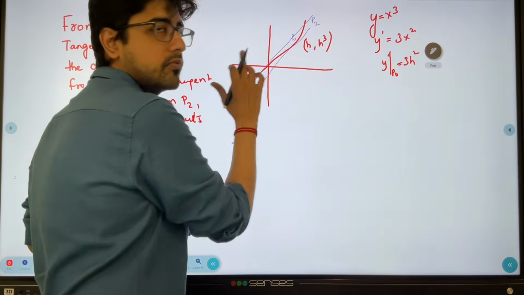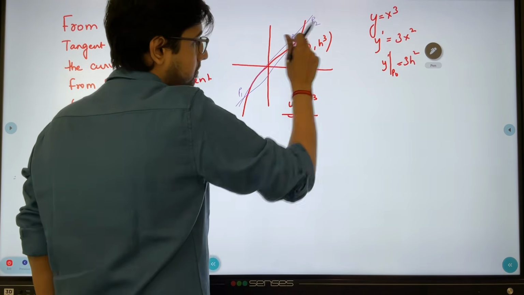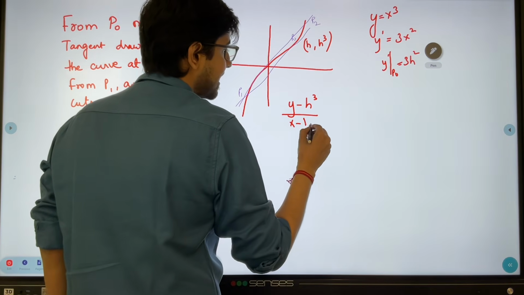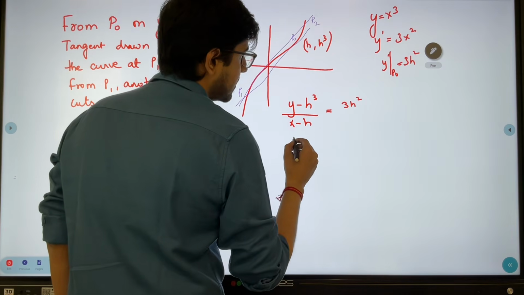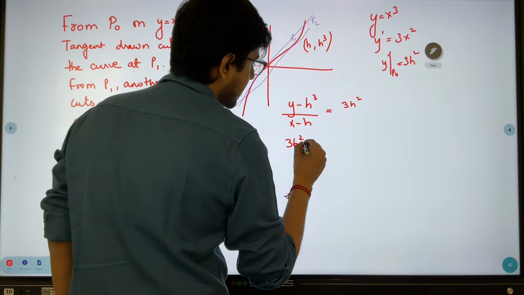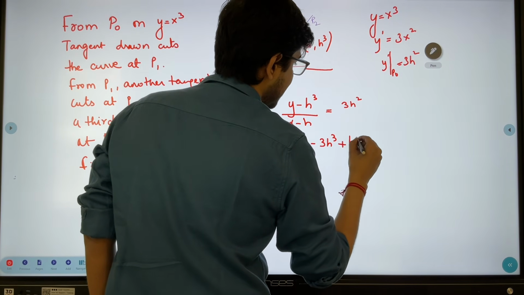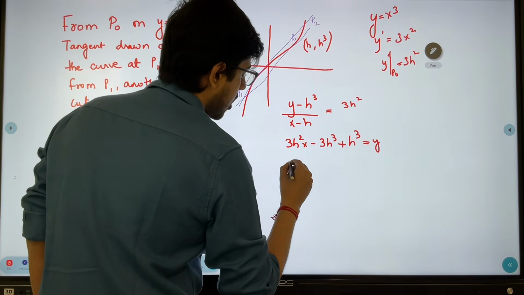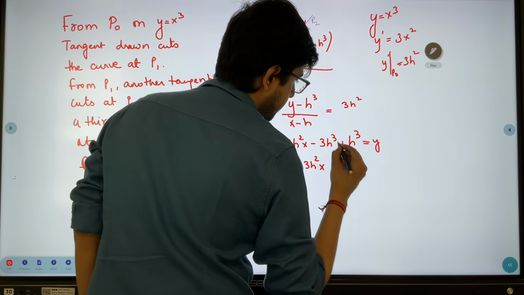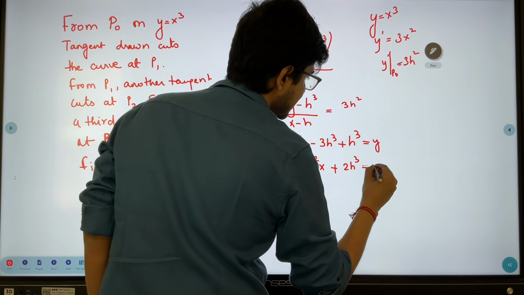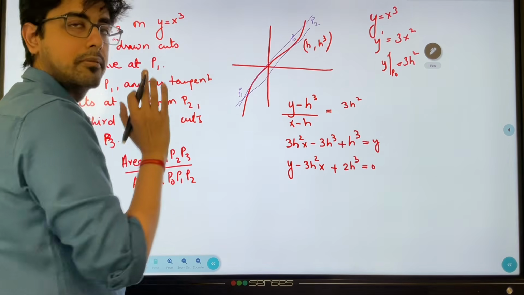So the equation of the tangent is (y minus h cube) by (x minus h) is equal to 3h square, and if I cross multiply, I will get y equal to 3h square x minus 3h cube plus h cube, or y minus 3h square x plus 2h cube is 0. So this is the equation of the tangent at P0.